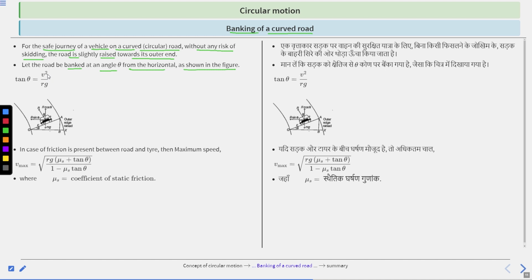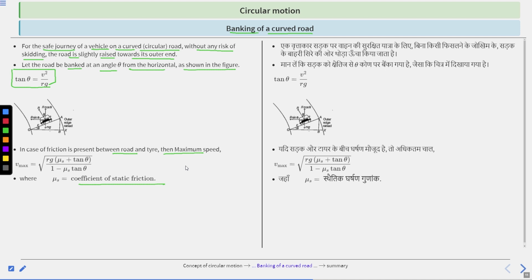So tan theta equal to v square by r g. Clear? So when we resolve all the components, this is the weight mg acting vertically downward, and this is N, with components N sin theta and N cos theta. Clear? So in case friction is present between the road and tire, the maximum speed v max is equal to under root r g (mu_s plus tan theta) divided by (1 minus mu_s tan theta), where mu_s is the coefficient of static friction.